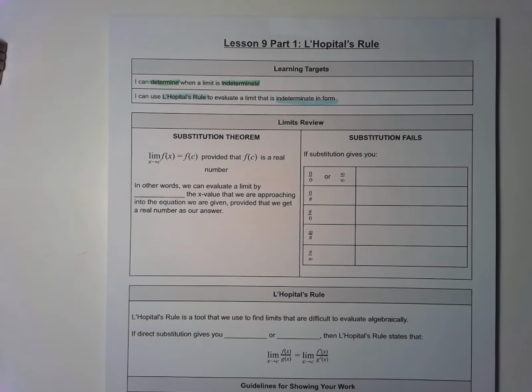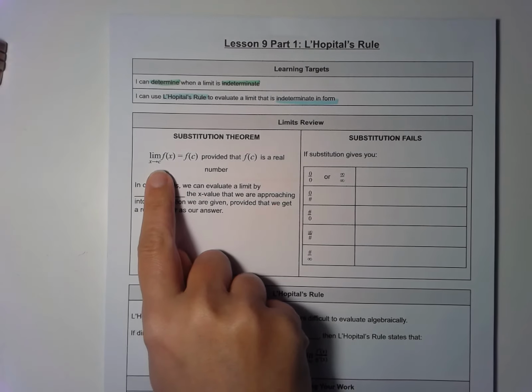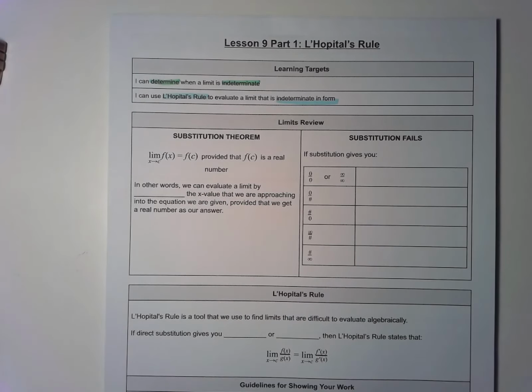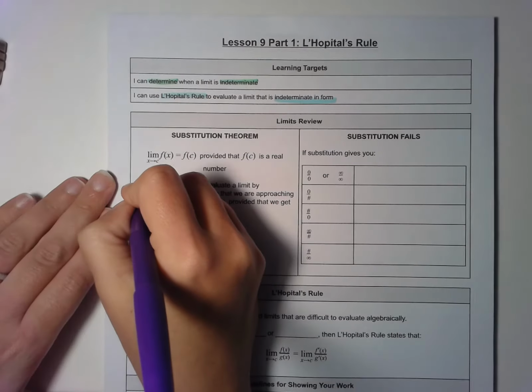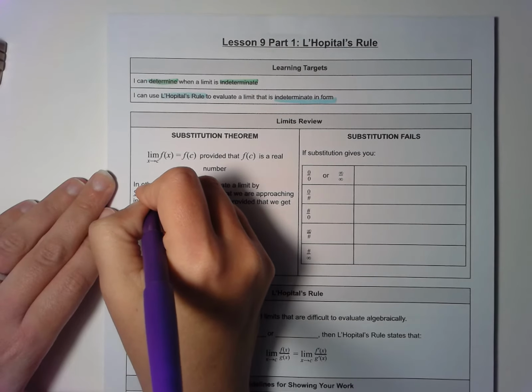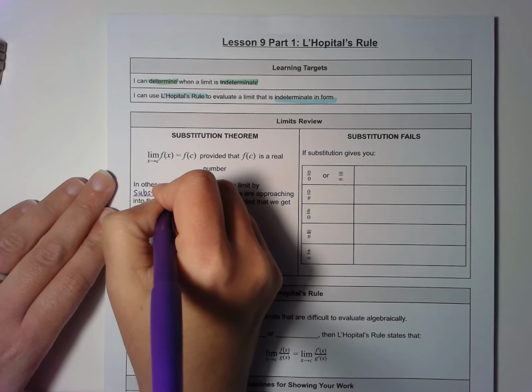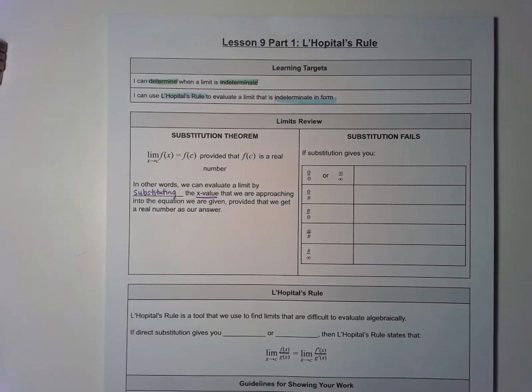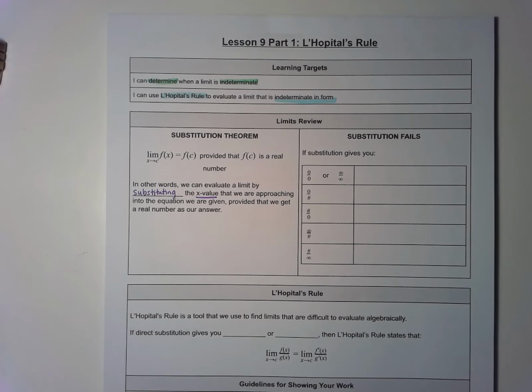One of the big rules about limits is the substitution theorem, which says that the limit as x approaches c of f of x is equal to f of c, provided that c is a real number. Now, in other words, what this means is that we can evaluate a limit by plugging in or substituting the x value that we are approaching in the equation we are given, provided that we get a real number as our answer.